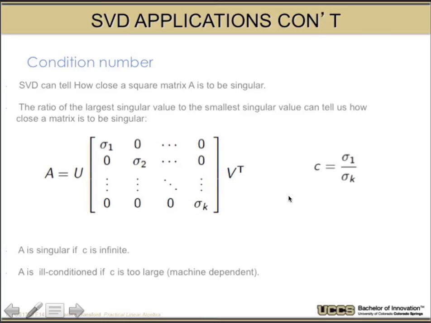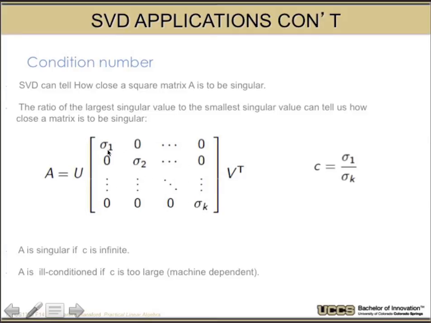Last thing I want to relate SVD to is the condition number. In the next class, we'll actually be looking at numeric stability and condition number, so I just want to define it. If I look at my SVD, I have two orthogonal matrices, U and V, so these are easily invertible, and when I multiply by them, I can do it easily. So if there's any instability in my matrix, it's going to turn out to be in the singular values.